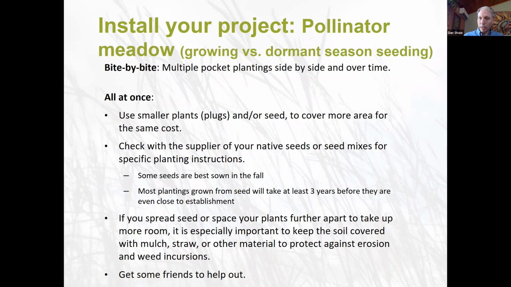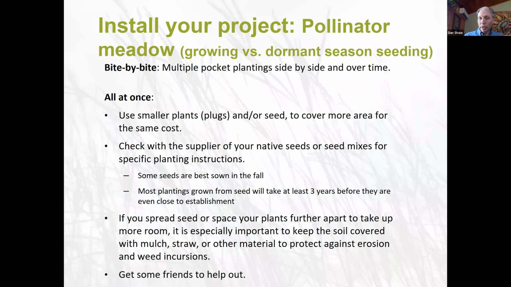We've discussed that it's best to plant native seeds as fall dormant seeding, so similar to the pollinator lawn, you'd be waiting until mid-October going into November to do seeding of native plant seeds. So if you're planning to do a combination of seed and plants, you could install the plants sooner and install the seed later.